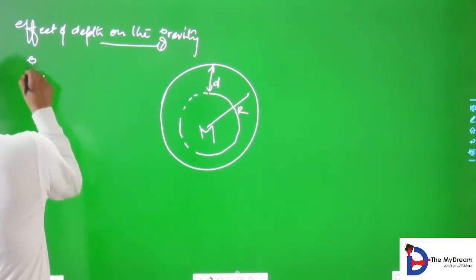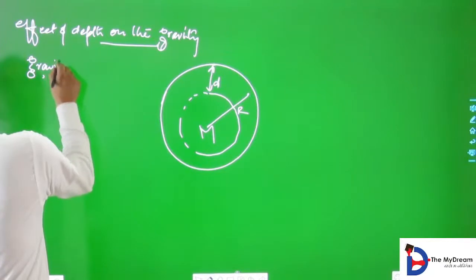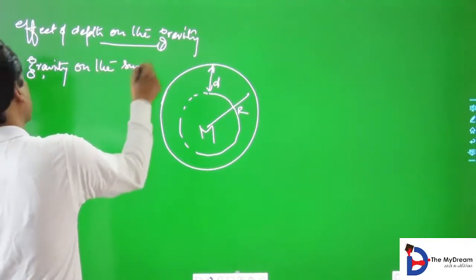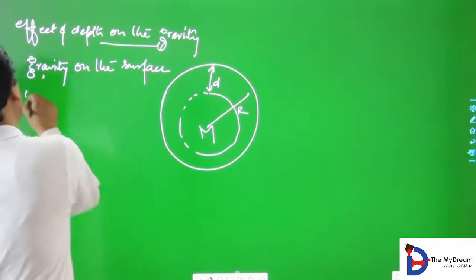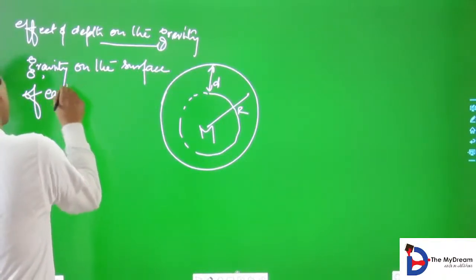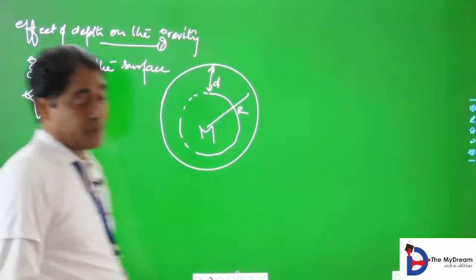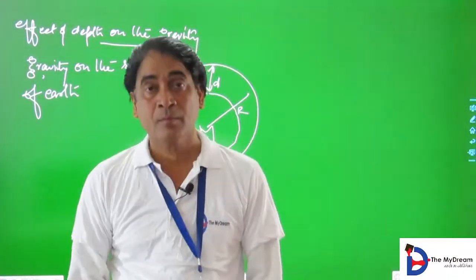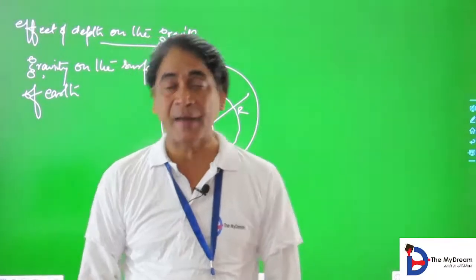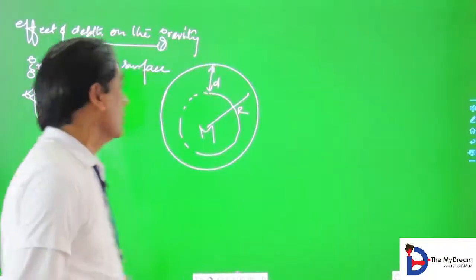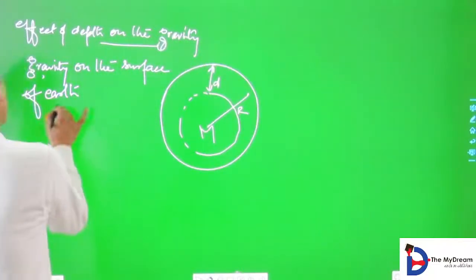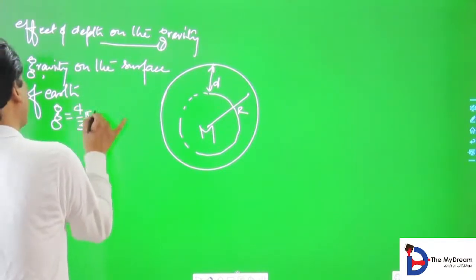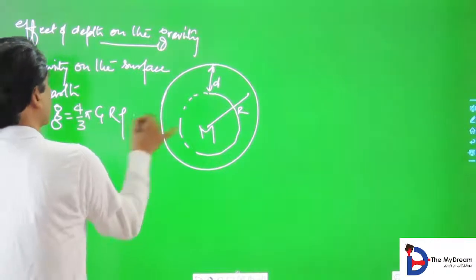Gravity on the surface of Earth is given by GM by r square or 4 by 3 pi capital G r into rho. So here you can write down gravity on the surface of Earth is given by this.